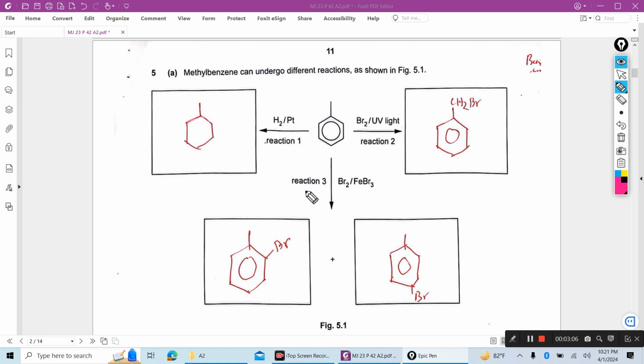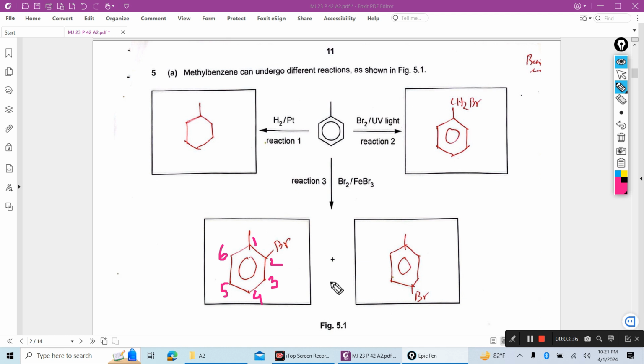Reaction 3: methylbenzene reacts with bromine in presence of iron(III) bromide catalyst to form 2-bromomethylbenzene and 4-bromomethylbenzene. Number the ring positions 1, 2, 3, 4, 5, 6.